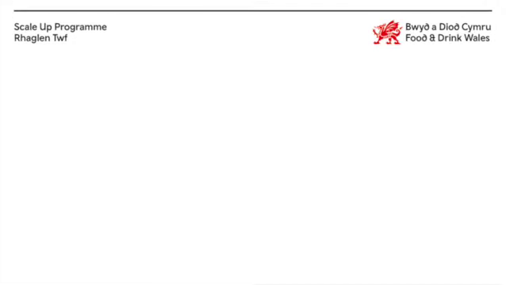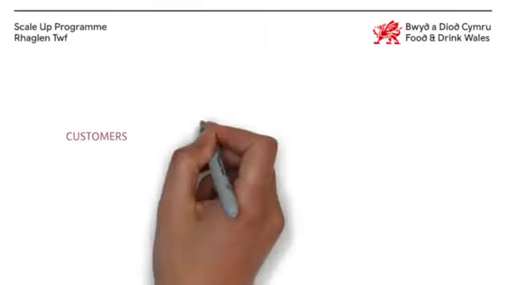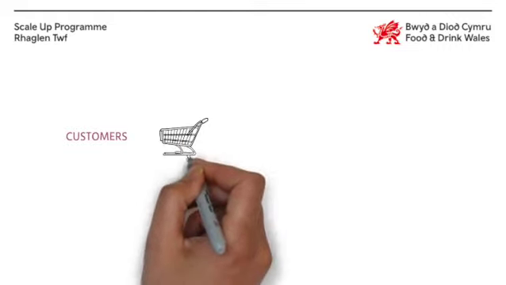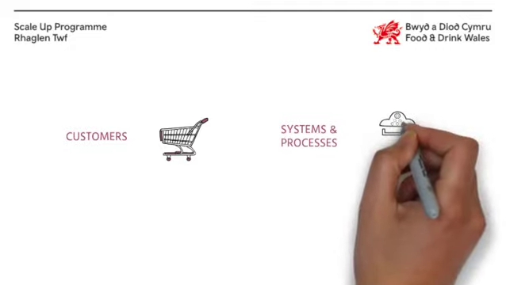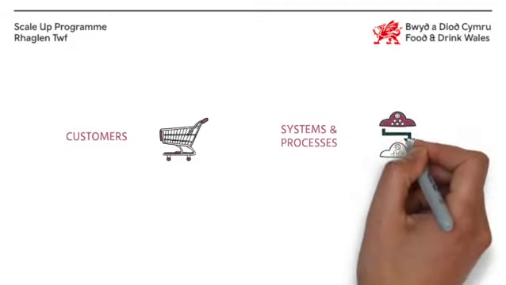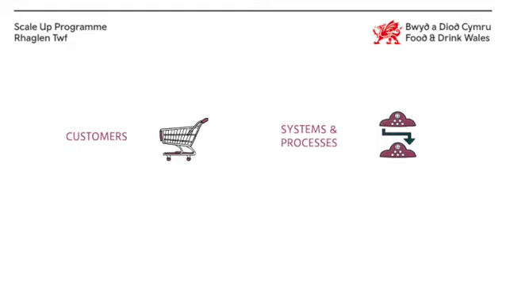Management information, or MI, falls into four main categories. Customers, so customer service data, customer retention, complaints, on-time, in-full deliveries, out of stocks, and so on. Systems and processes. This includes productivity data, energy usage data, e-commerce and social media data, CRM, ERP, and more.